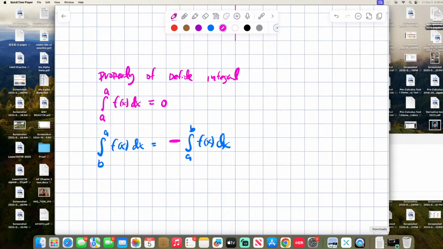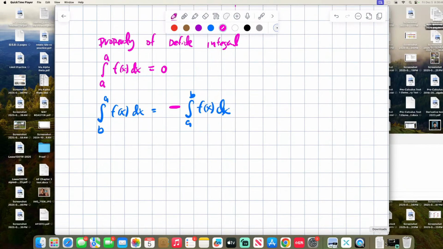So you can switch the boundary to the preferred situation, with the more negative on the bottom and the more positive on the top, so you can figure out the area under the curve. This is very useful. I can change the boundary. Great.